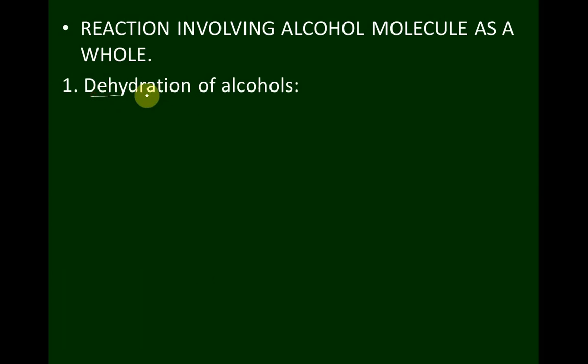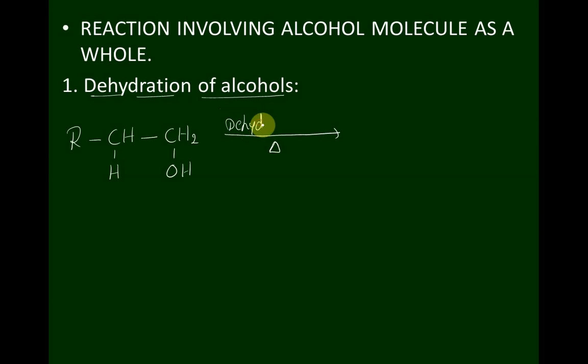In that, the first concept I am going to teach you is dehydration of alcohols. When alcohols, CH2OH, are subjected to heating in presence of a suitable dehydrating agent, first cleavage of the C-O bond takes place at the alpha carbon atom.